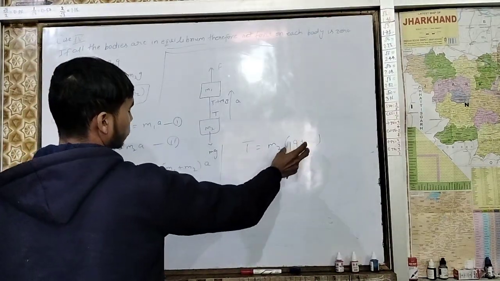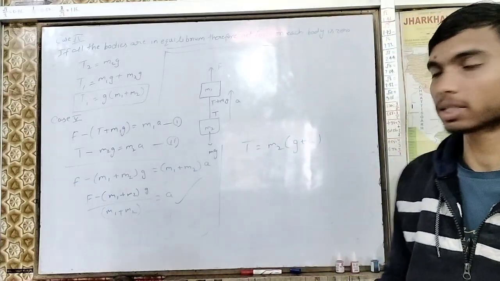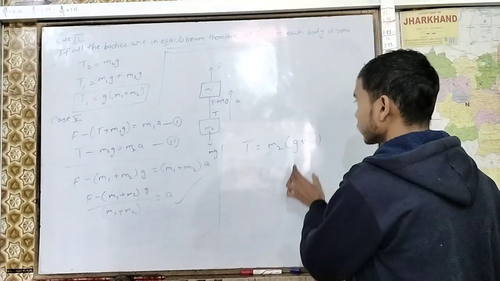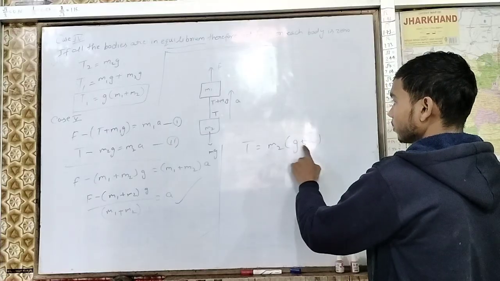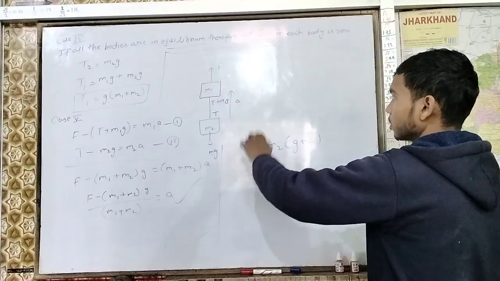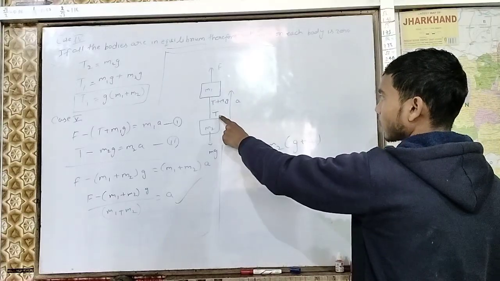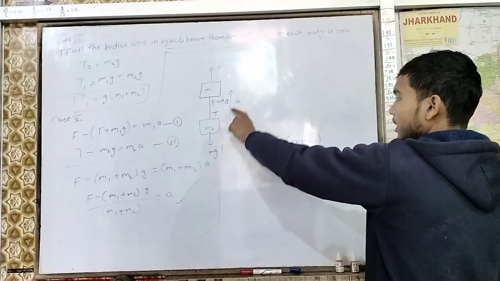So g plus a; both are acceleration, so that's why both will be added. m into g, so m2 and g will be for both. So to calculate the T, we have m2 multiplied by g plus a.